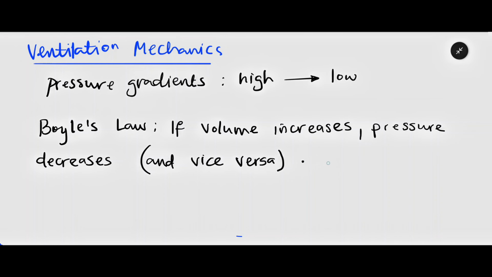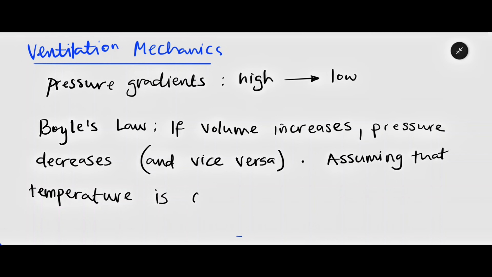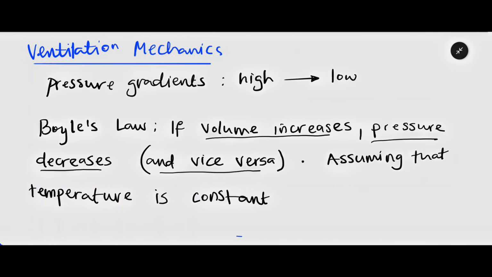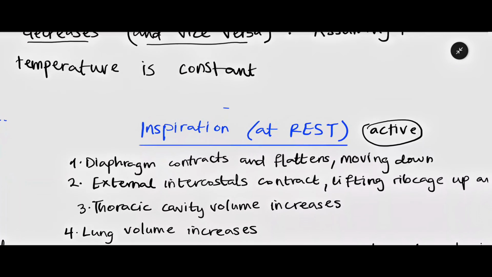This is all assuming that temperature remains the same, so temperature is constant. So the key thing here is that if volume increases, pressure decreases, and the other way around as well. If volume decreases, pressure increases. All right, let's see how this works in practice.